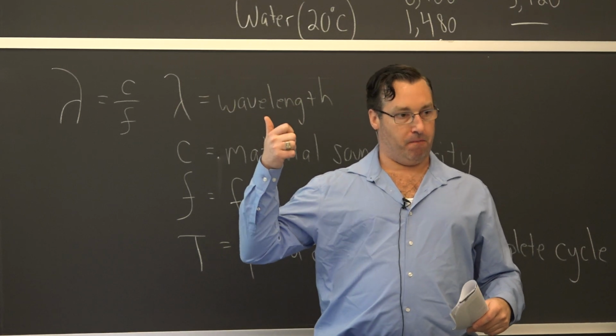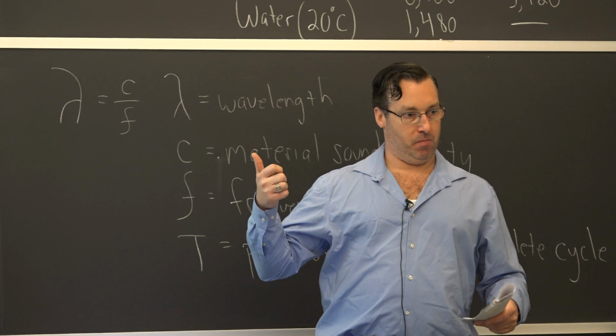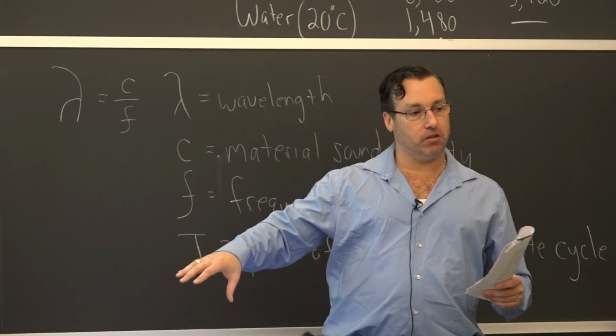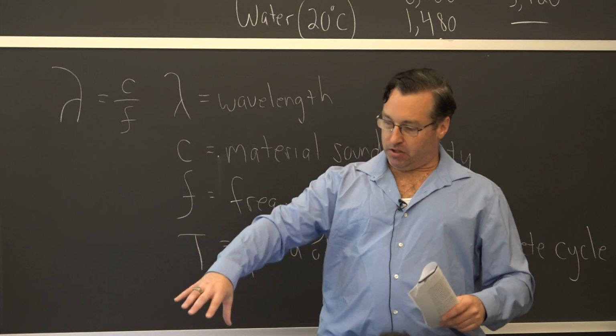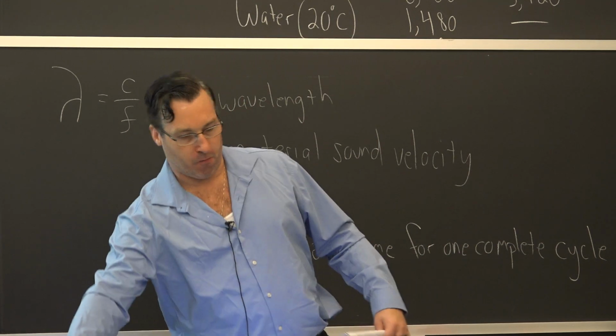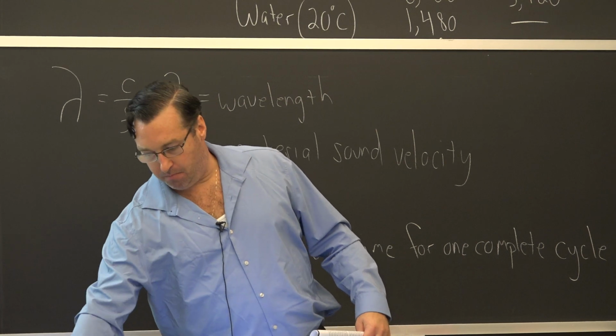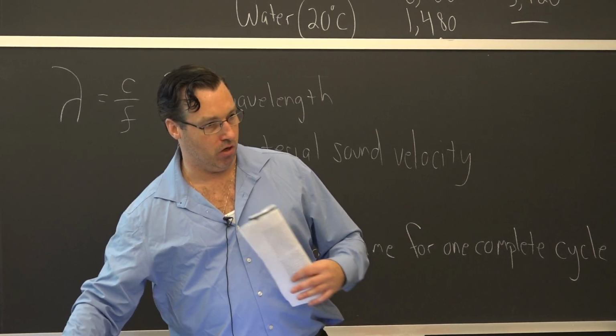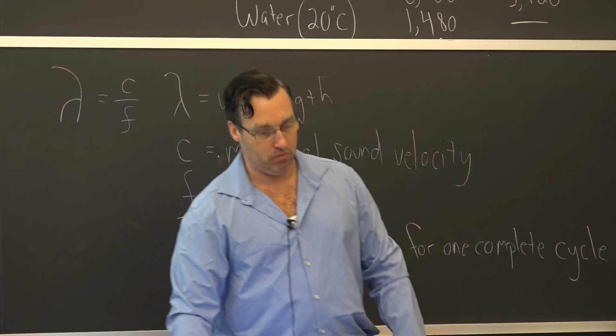They can go above 400 megahertz for those types of inspections. But for metals, most of the inspections I've done are 5 megahertz, 10 megahertz, 20 megahertz for either a mild steel or an aluminum type sample.